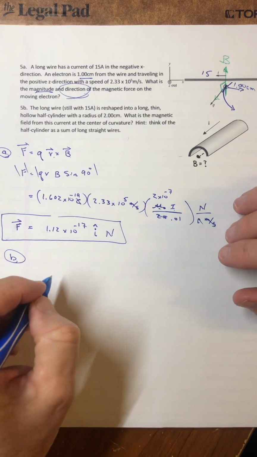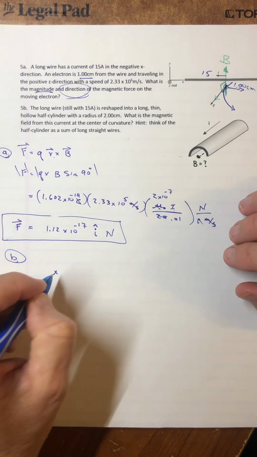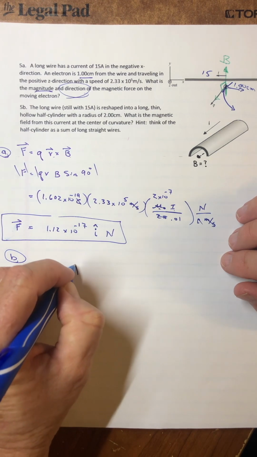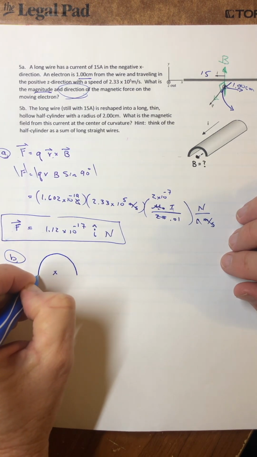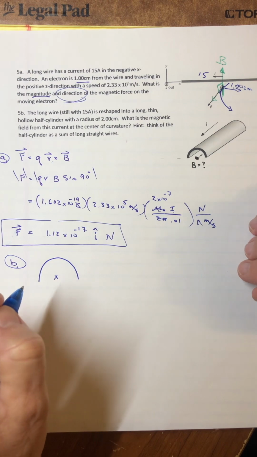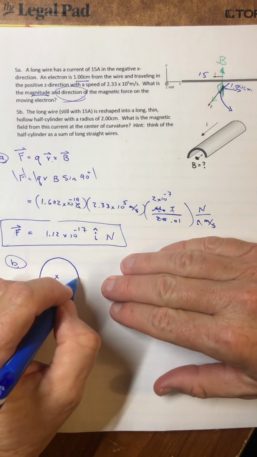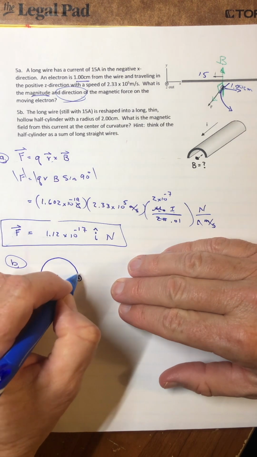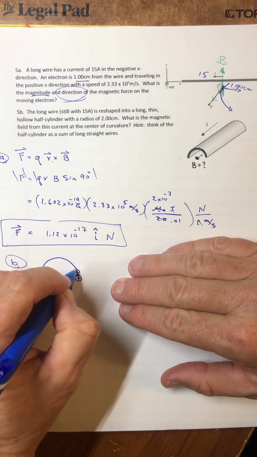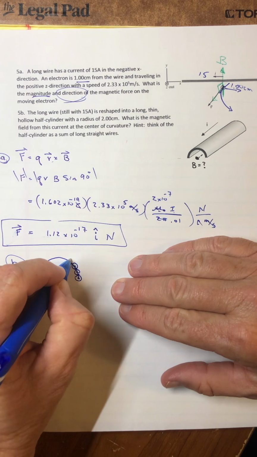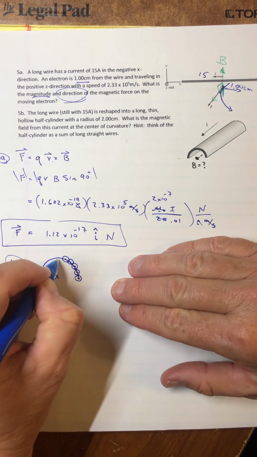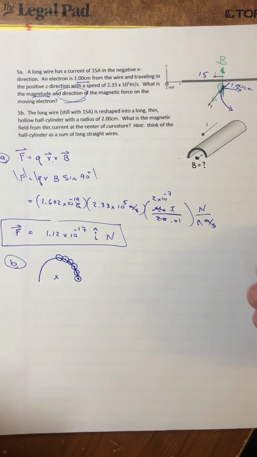So let me draw kind of a cross section. Here will be the center, and a semicircle with the current coming out. I'm going to think of this as a current coming out, and another little chunk, current coming out, and so on.